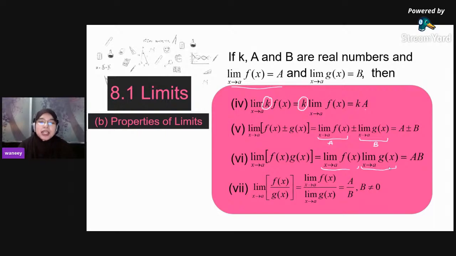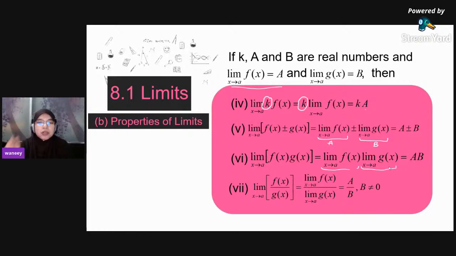So now this is number 7. The limit as x approaches a, and now instead of a multiplication, we have a division. So we have f(x) over g(x). Do make sure to separate them. You have to find the limit for the numerator and calculate the limit for the denominator.